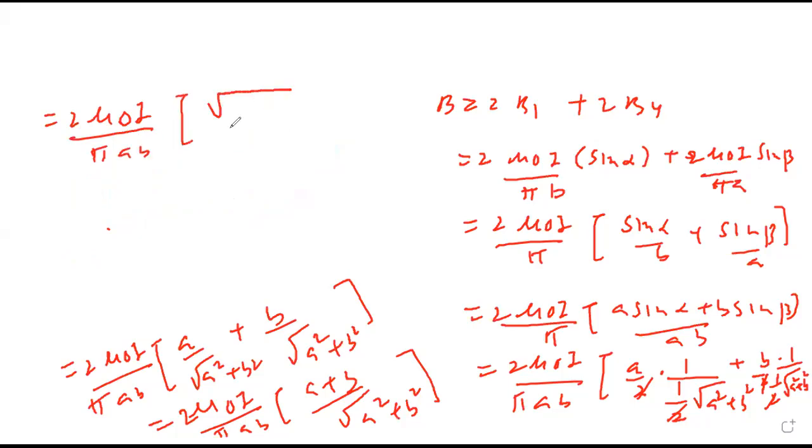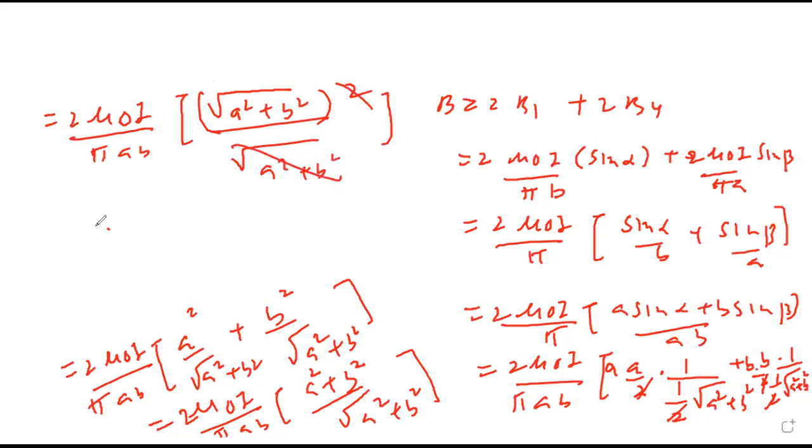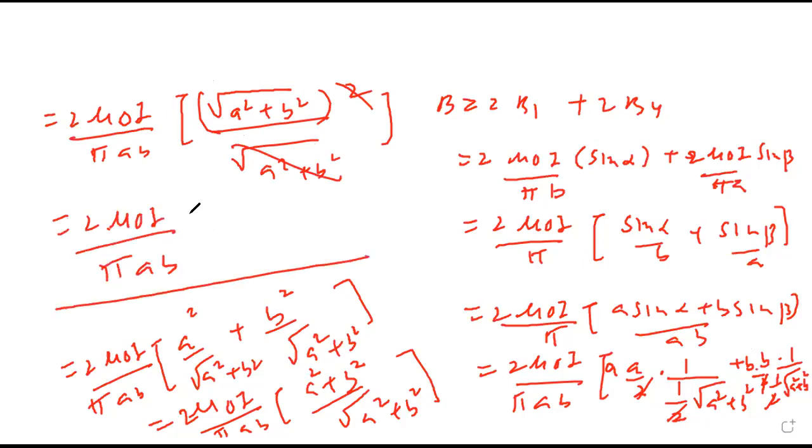This you can write as root of A plus B whole square, since A square plus B square comes with the extra terms. Then A plus B you can cancel. So 2 times mu naught I upon pi AB, root of A square plus B square.